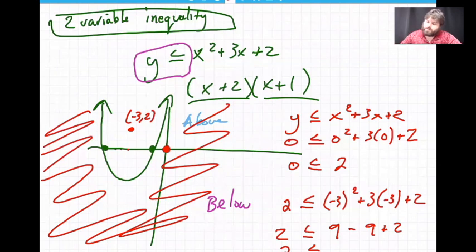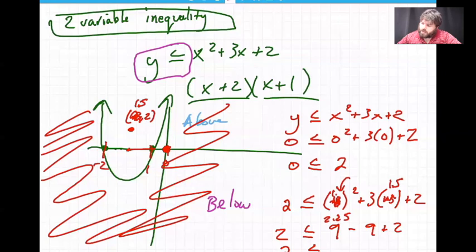Oh, sorry, this wouldn't be -3, 2. This would be -1/2, 2, because this is -2 and this is -1 and this is 0. So -1/2 shouldn't work. -1/2 squared is 0.25.